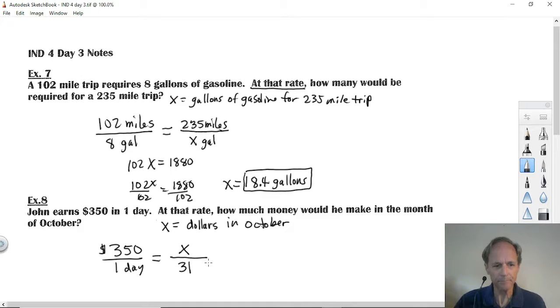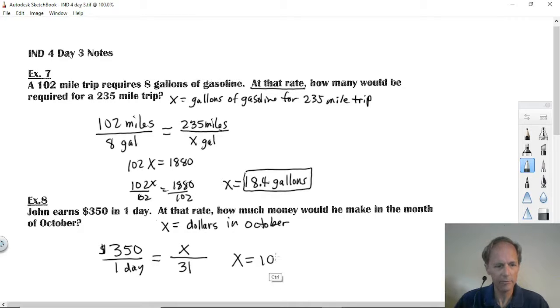So we cross multiply and solve. We take x times 1, that's x. 31 times 350, that is 10,850.